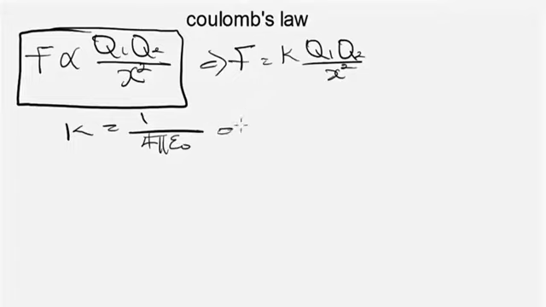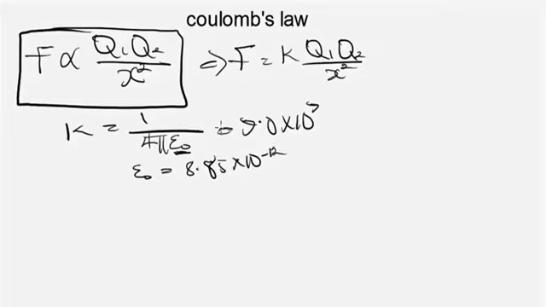And this constant has a value of 9.0 times 10 to the power of 9, whereas epsilon naught has a value of 8.85 times 10 to the power of minus 12.